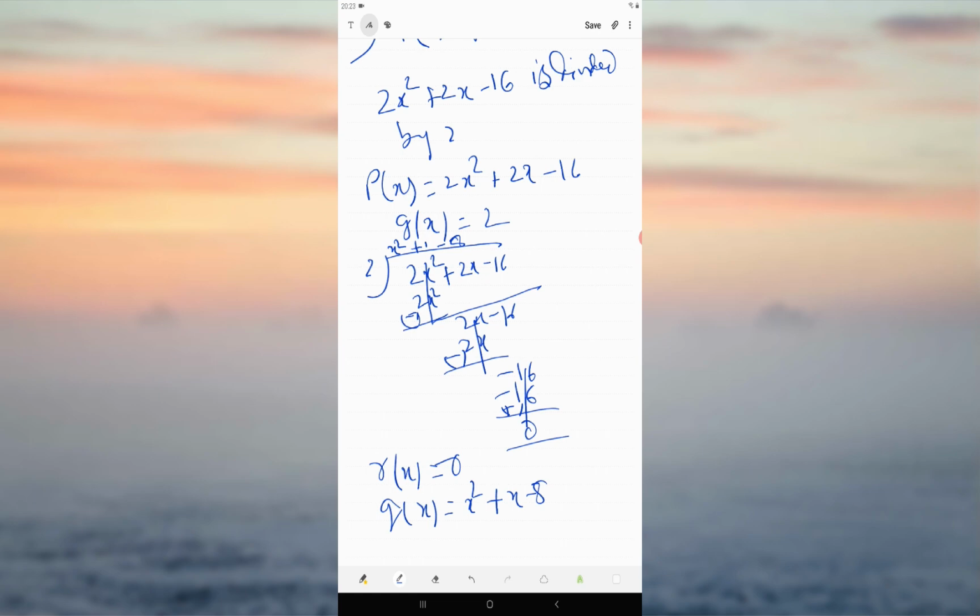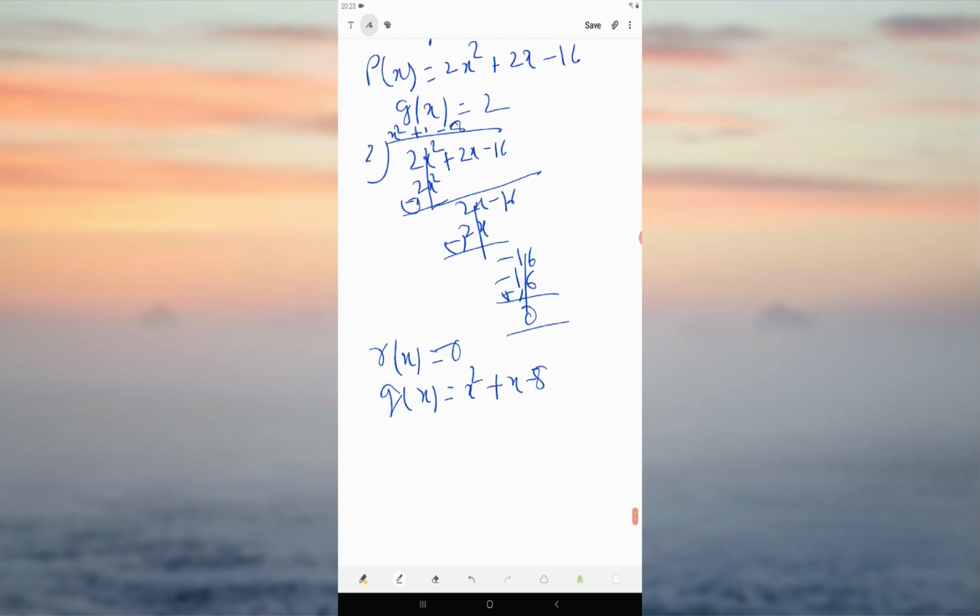Clearly the degree of p(x) and q(x) is the same, correct? Degree of p(x) is 2 because of the highest power of x, so here degree of p(x) equals 2, and if you see, degree of q(x) is also equal to 2 because the highest power of x is 2. That will be the degree.